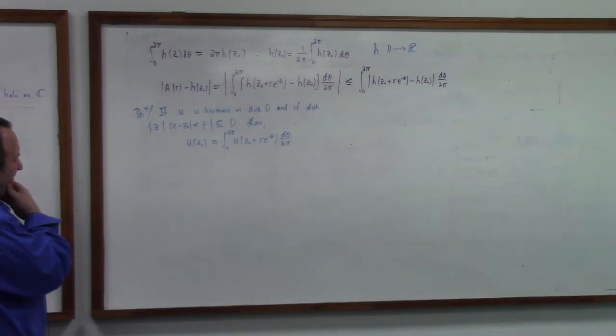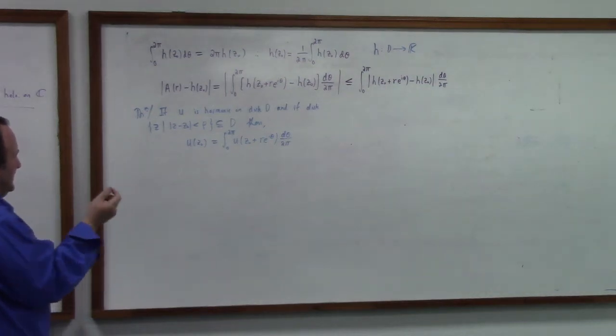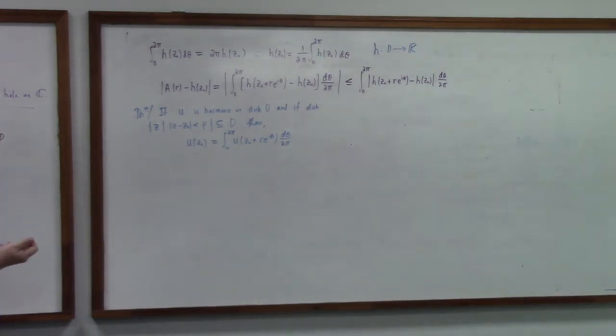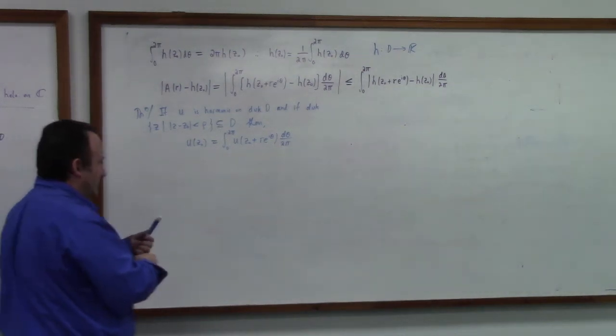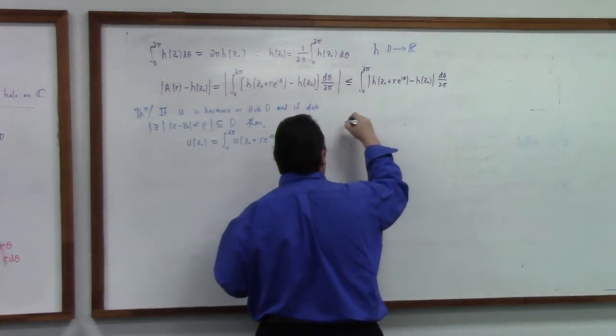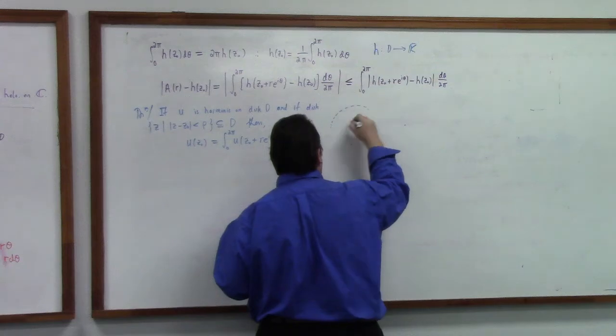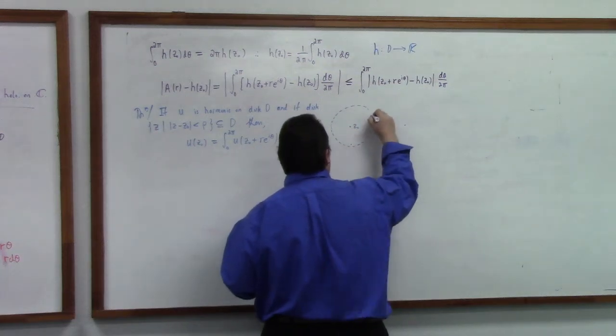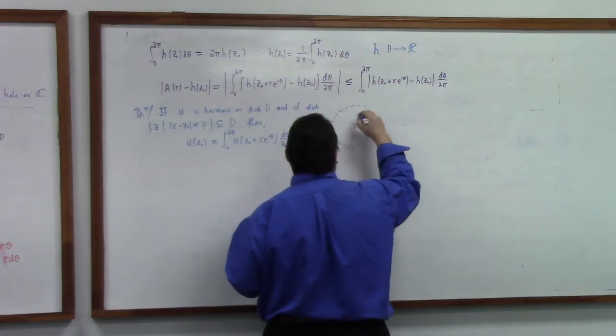This is very surprising. The value of a harmonic function at the center of the circle, at z naught, is equal to the average of its values around the circle. So like we have z naught in the middle. This integral is looking at the values of u on the circle of radius r.